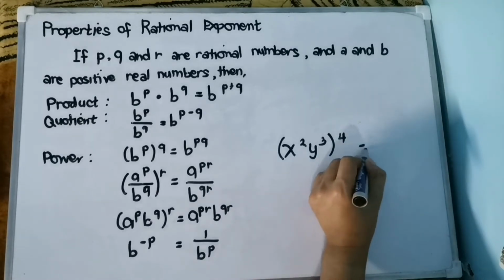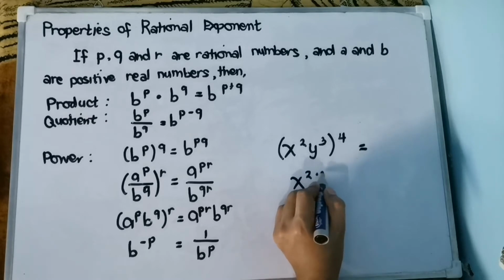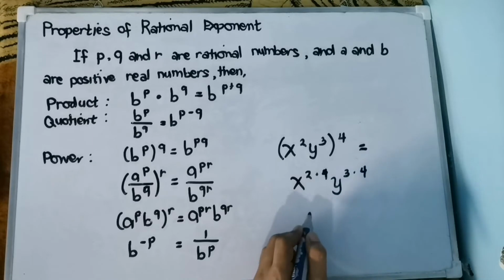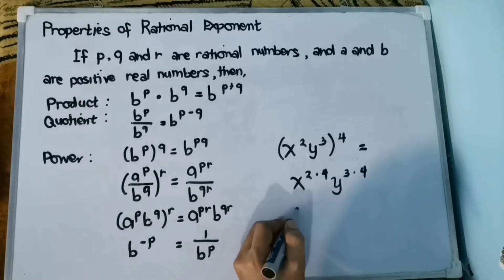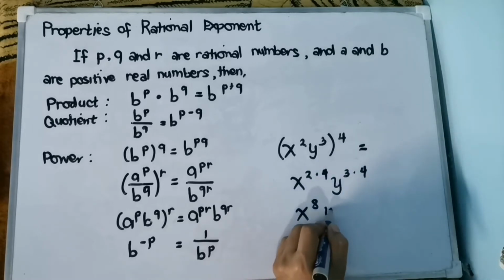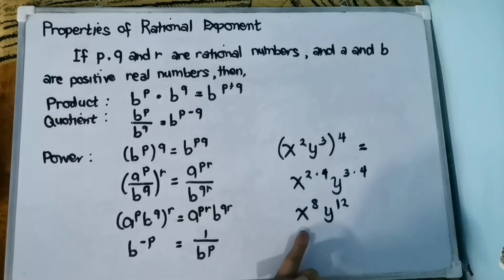So that will become x squared times 4, y cubed times 4. To simplify, just multiply the exponent, so that will give you an answer of x, 2 times 4 is 8, then y, 3 times 4 is 12. So therefore, that is x to the 8, y to the 12.